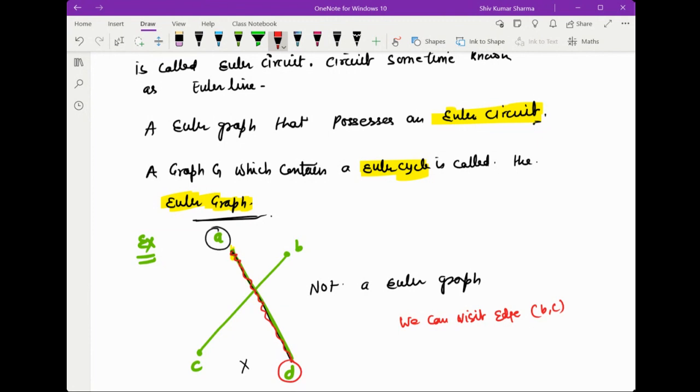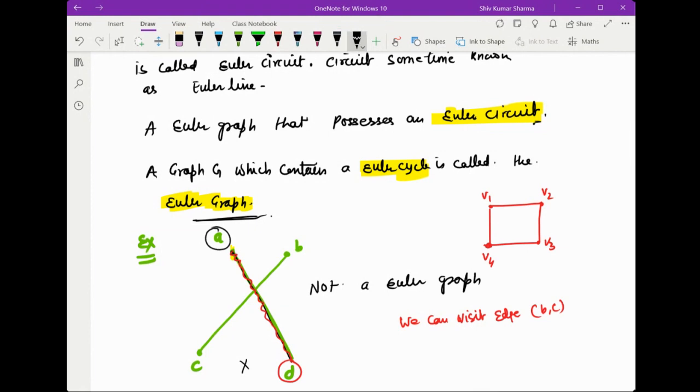Okay. Another example you can consider has 4 vertices V1, V2, V3 and V4. Can you say whether this graph is an Eulerian graph or not? That means, does it have an Euler path or trail? Anyone?